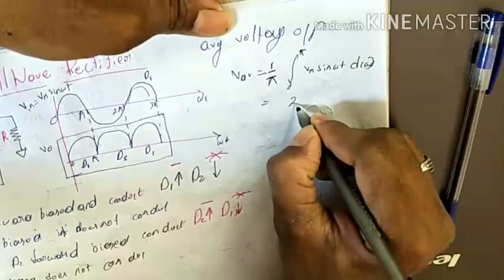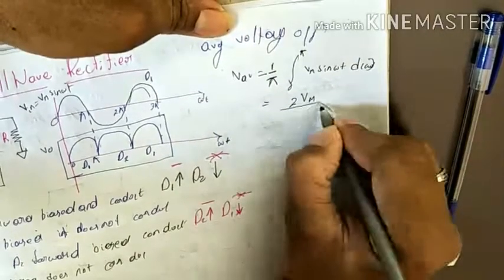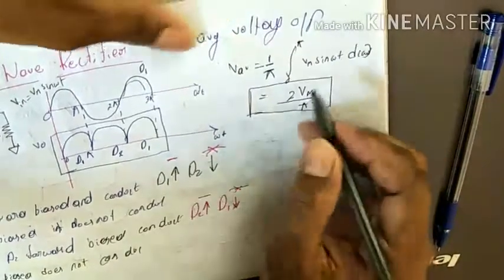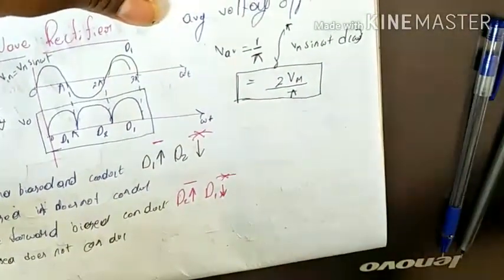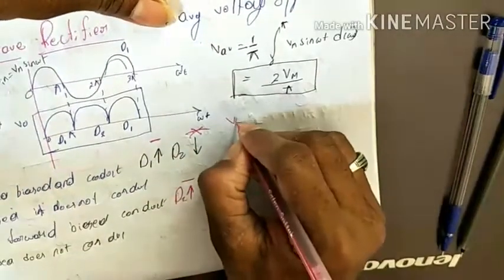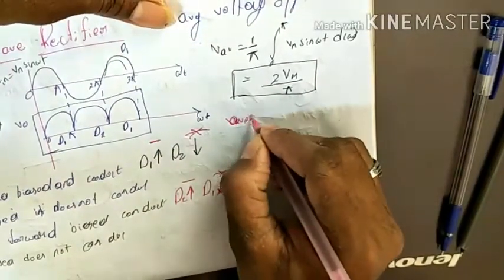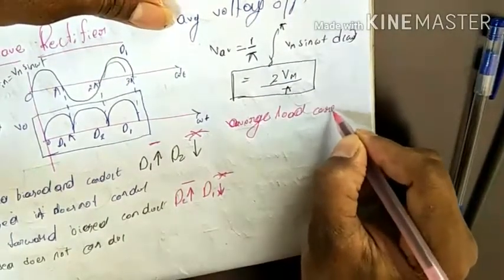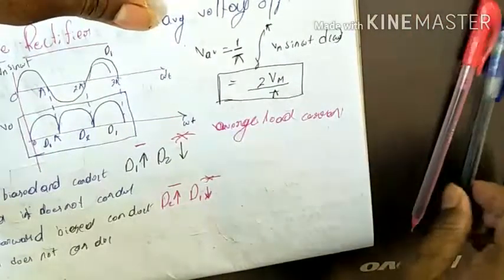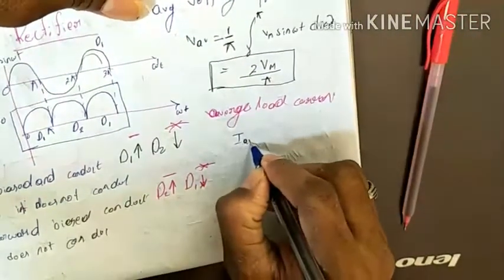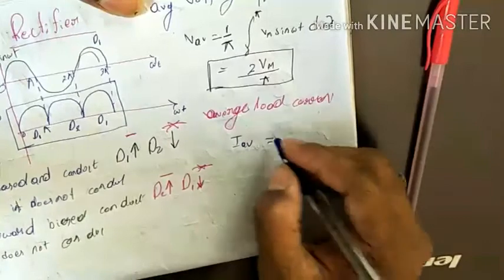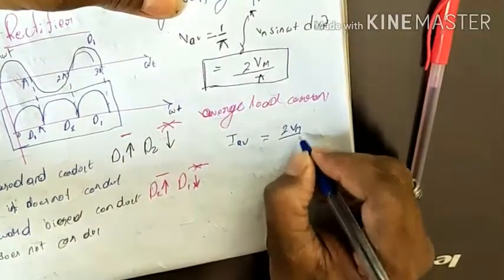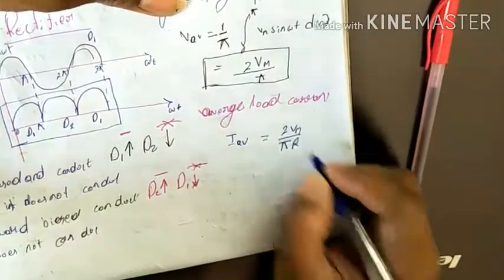We will get 2 Vm by π. This is the average output voltage. Then the average load current: I average equals 2 Vm by πR.